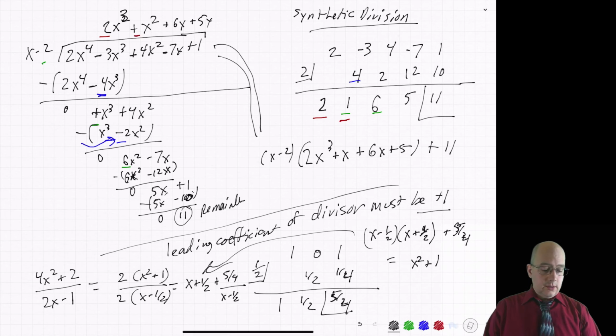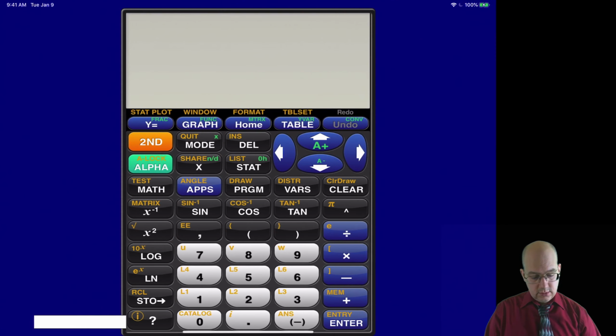All right, so that's somewhat synthetic division. I guess one thing to note is, let's see if I can do this.